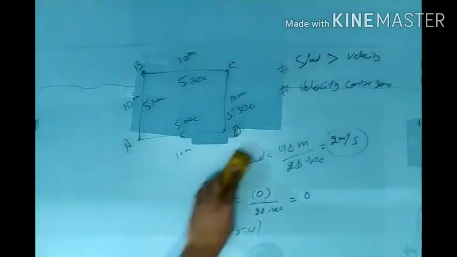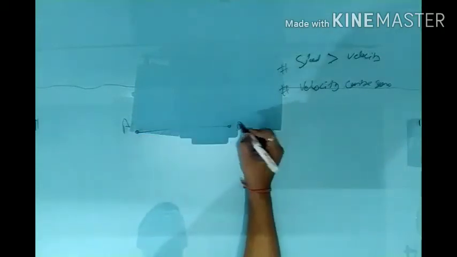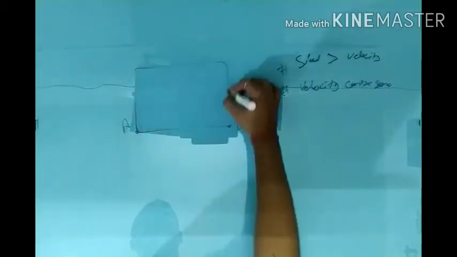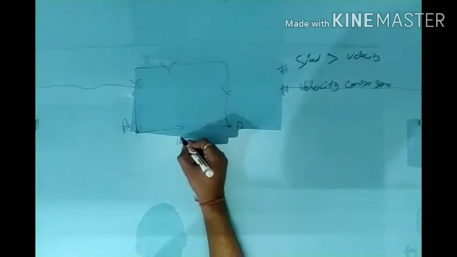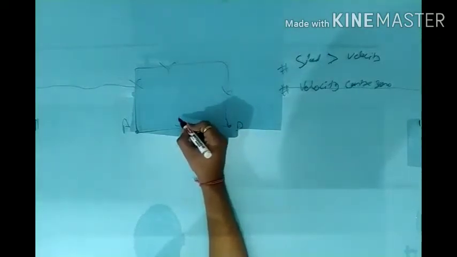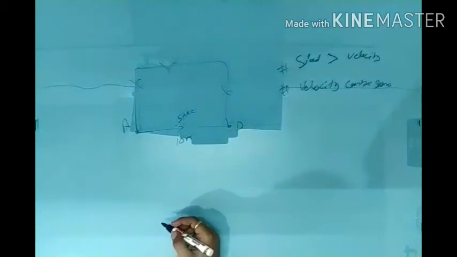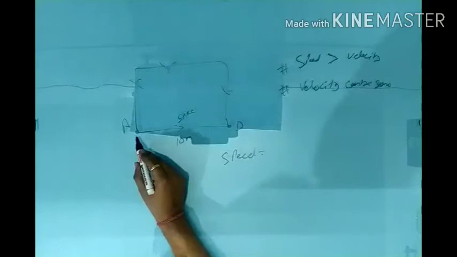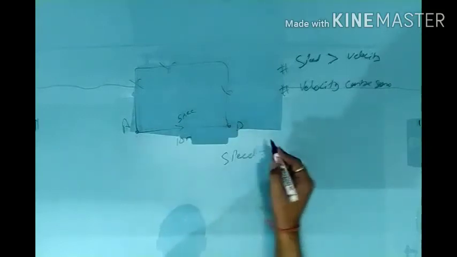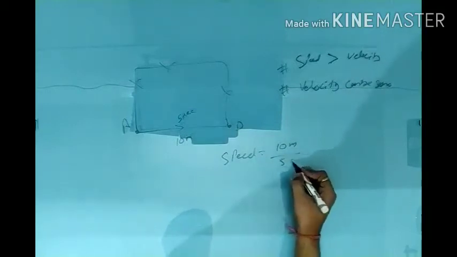So thirdly we can say that again a person moving from point A directly to D, if we are ignoring this point, so we know that it is 10 meter and time is 5 seconds. Then what will be the speed? It is equal to total distance traveled from A to D, 10 meter, and the time is 5 seconds.